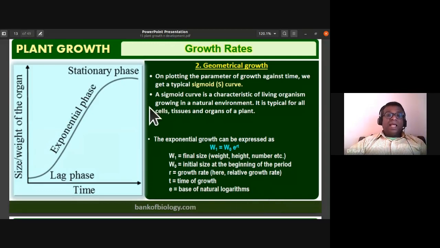So geometrical growth can be represented by the equation W1 equals W0 into e to the power of RT.